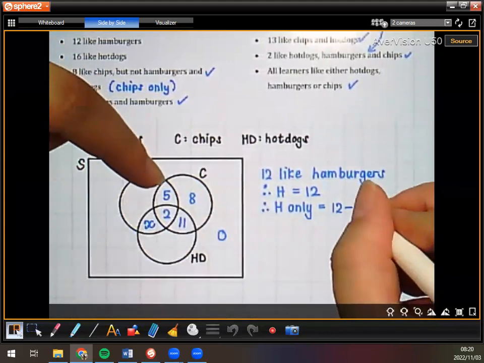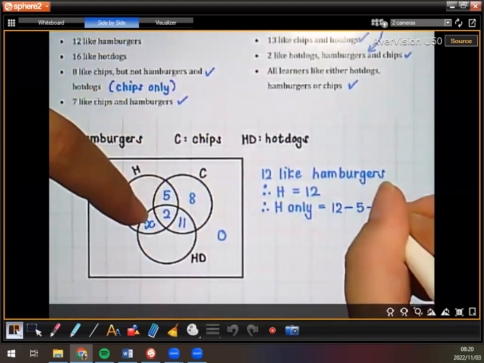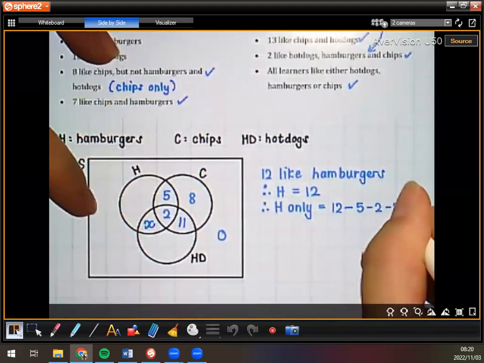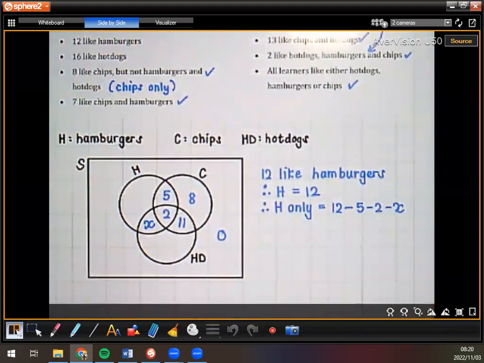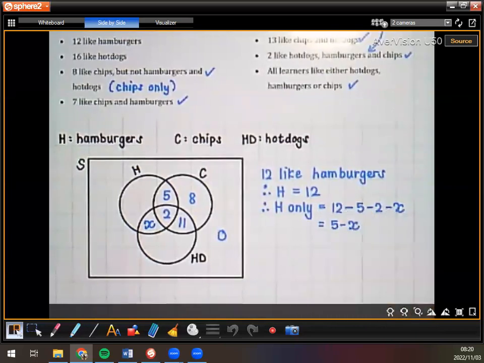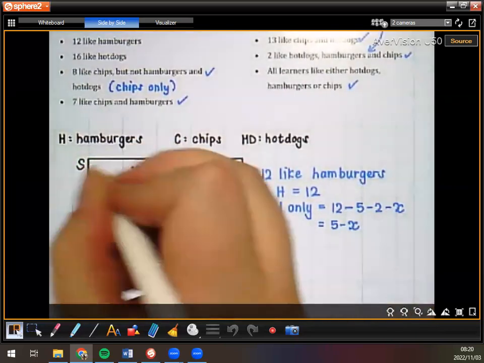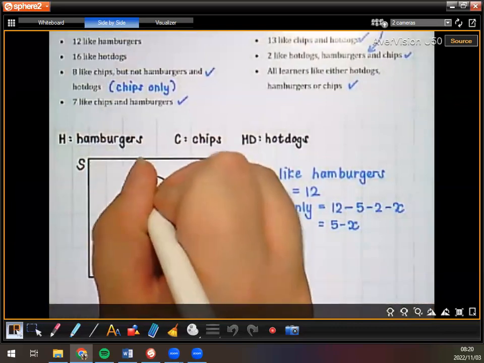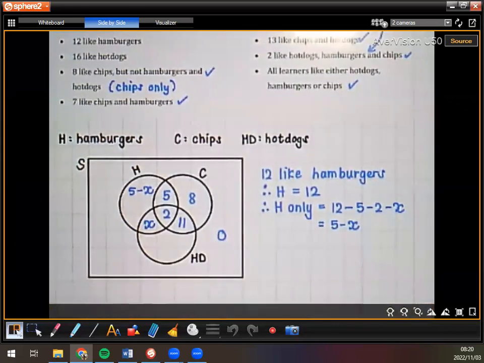Right, so we have a 5, we have a 2, and then we have an X. Yes. Right, so that's going to leave us with 5 minus X. And now we're going to have to put in our circle. 5 minus X. We're going to have to solve for X later on.